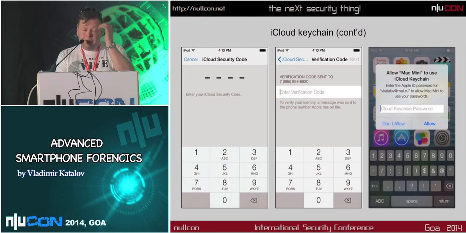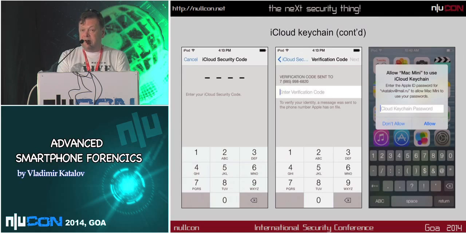If you set up without the security code, then once you set up the iCloud keychain on the new device, as I said, you'll have to enter the verification code which is sent to you by SMS. But also, when you enable the keychain on a new device, on all other devices which are connected to this iCloud keychain a pop-up appears, as you can see on the right screenshot, asking whether you should allow this particular new device to use the keychain.